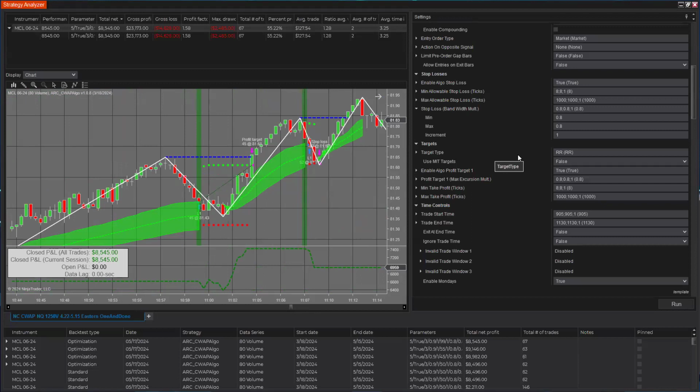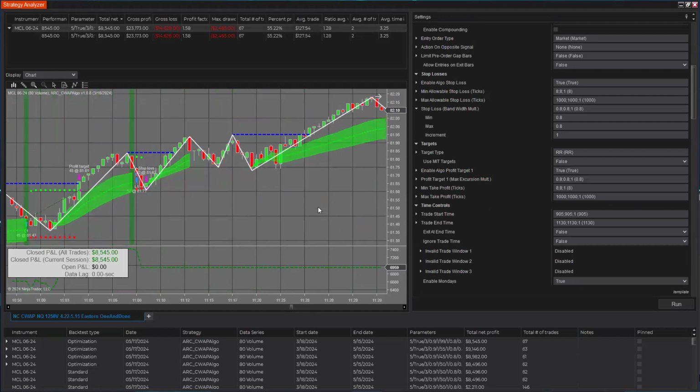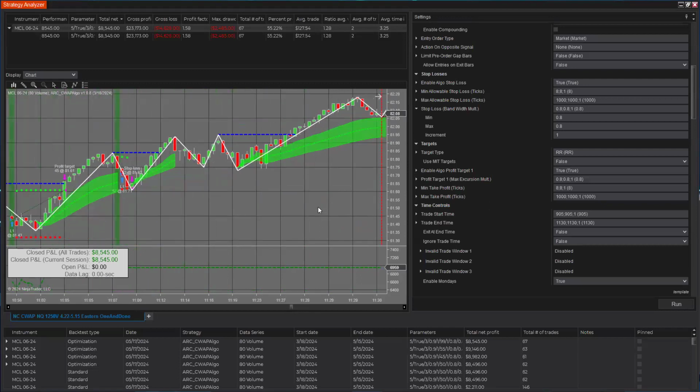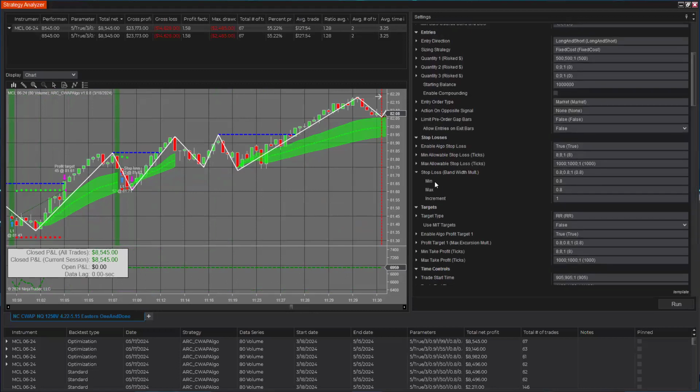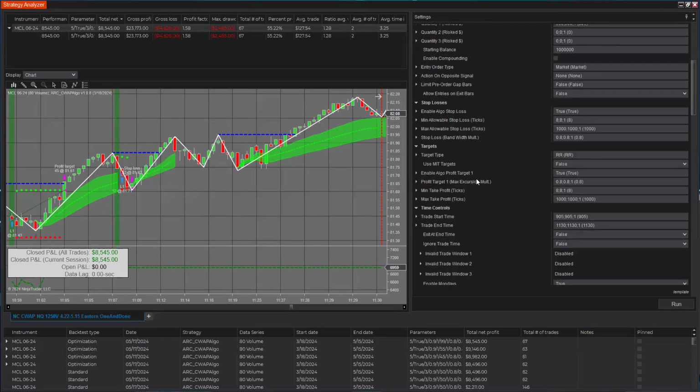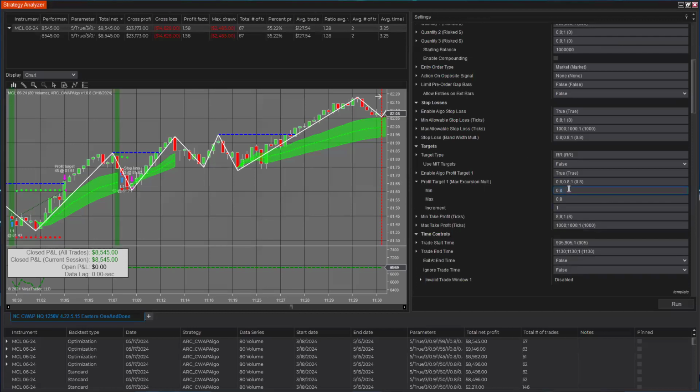So I'm going to optimize for two things. I want to optimize the targets, and I want to optimize for higher time frame filters based on directional bias. So the first thing I'm going to do is targets. I want to look at where I can put my target. So let's leave the stop alone because I'm pretty good with that. And let's go profit target.